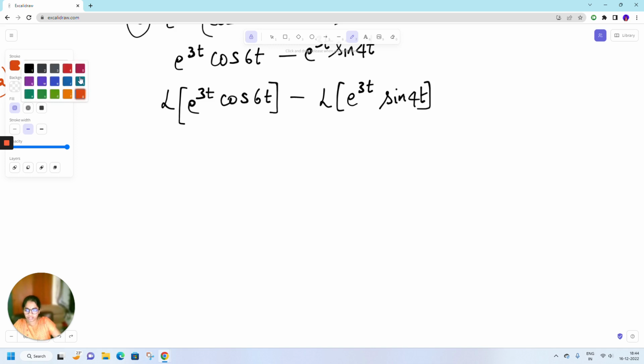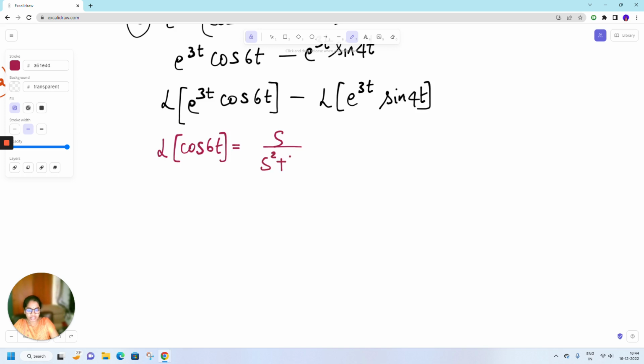What do you have in the place of f of t? I have cos 6t. What is Laplace of cos 6t? Laplace of cos 6t is s divided by s square plus 6 square, that is 36.